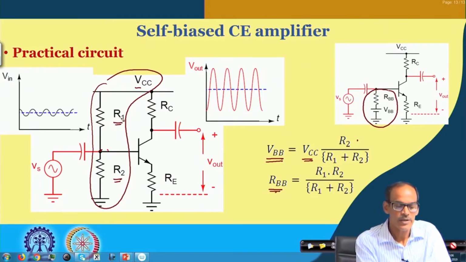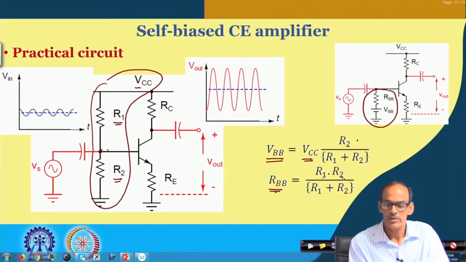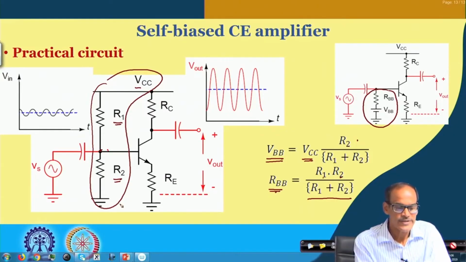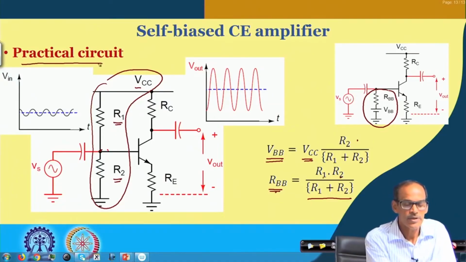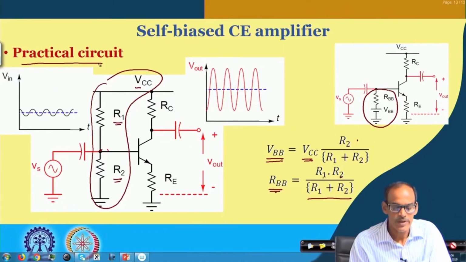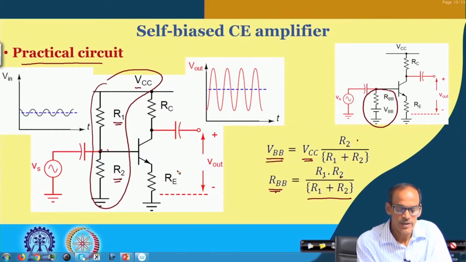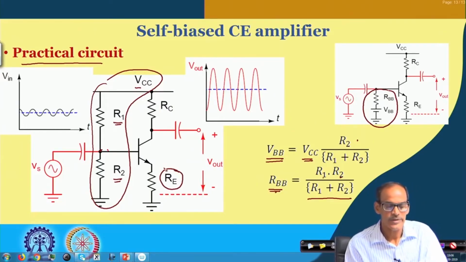RBB is the parallel connection of R1 and R2, or you can say R1 multiplied by R2 divided by R1 plus R2. So, that is the expression of RBB. As I said, this is the practical implementation of this bias, and of course, we have the RE part, the emitter resistor, connected there.